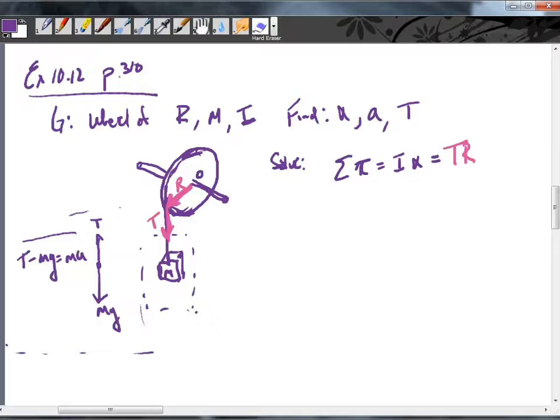Okay, you good so far? That means that alpha is going to equal our tension times our radius divided by our moment of inertia.